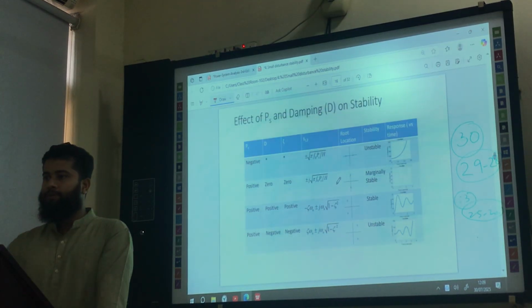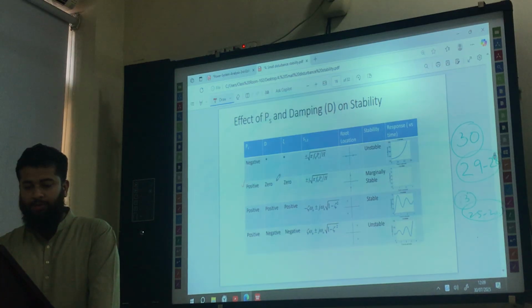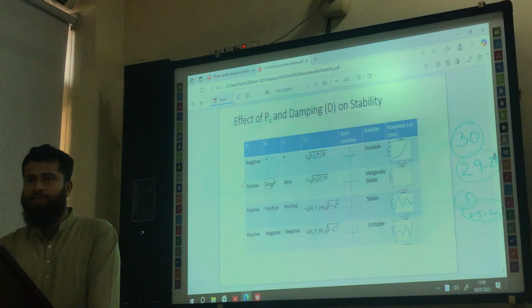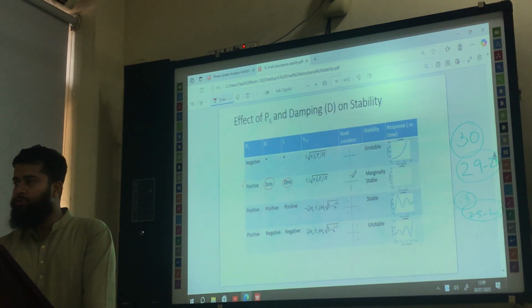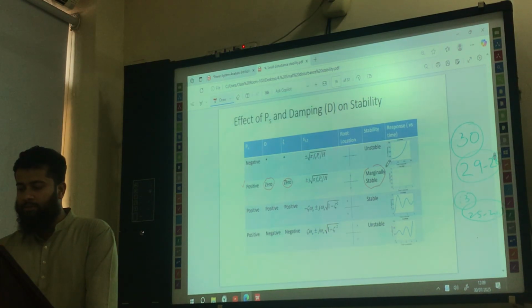This is case number 2, where our D is 0. If D is 0, zeta is also 0. At that time we got two roots aligned with the y-axis, and this is the marginal stability, right? And we said that the delta velocity response will be like this. Our delta will be swinging between these two fixed values.